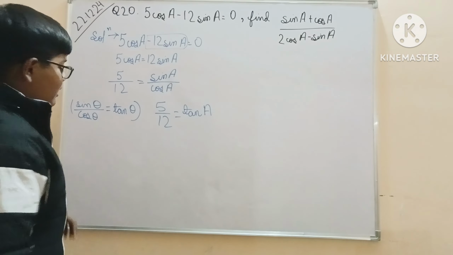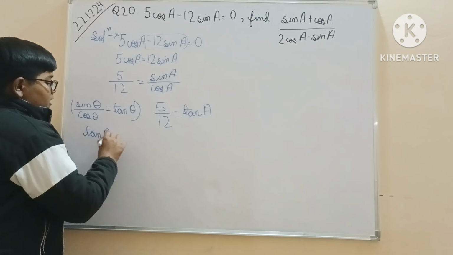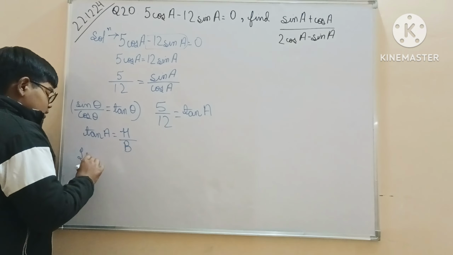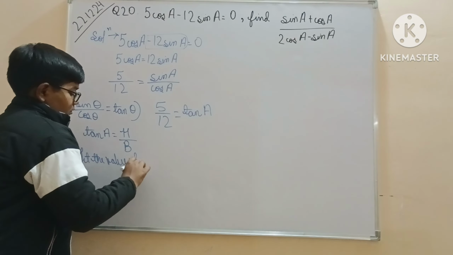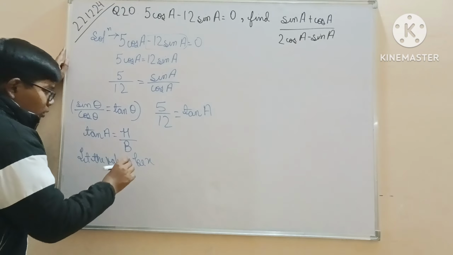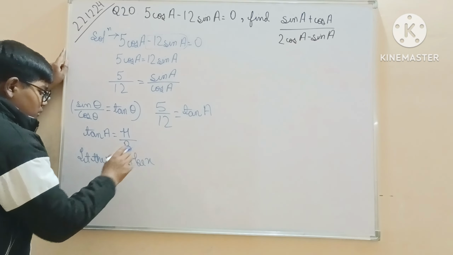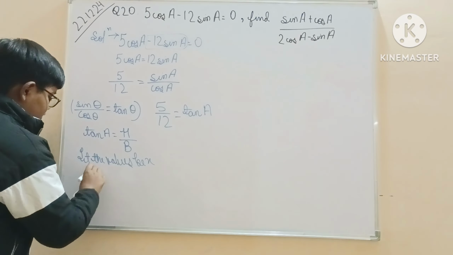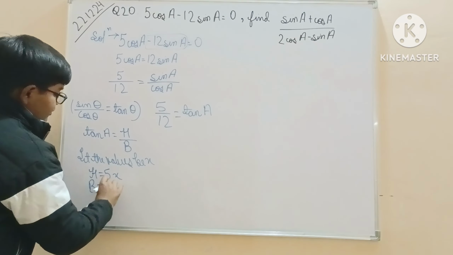So tan A is 5 divided by 12, and the formula of tan A is height divided by base. So we will let the values be x. So height will be 5x and base will be 12x.